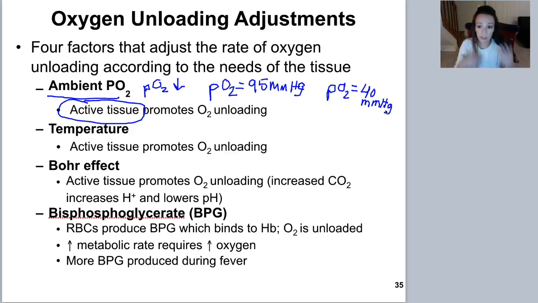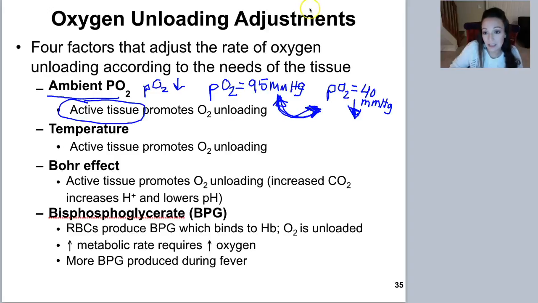So if our tissue becomes very, very active, suddenly our tissue will have an even lower partial pressure of oxygen, making this gradient right here between 95 and 40, or maybe now it's 95 and 37 millimeters of mercury, will make that gradient even steeper. So oxygen will be diffusing faster into the tissue.